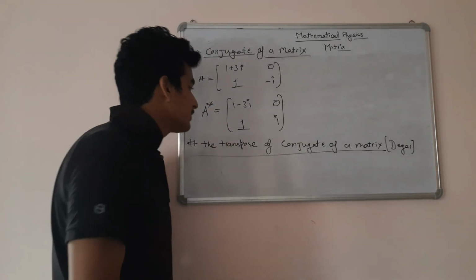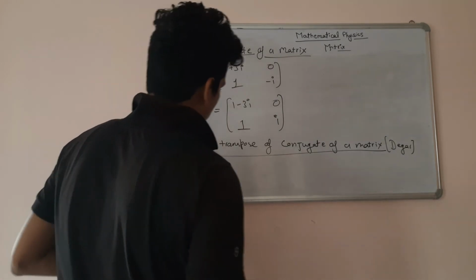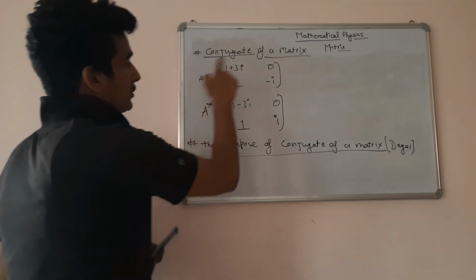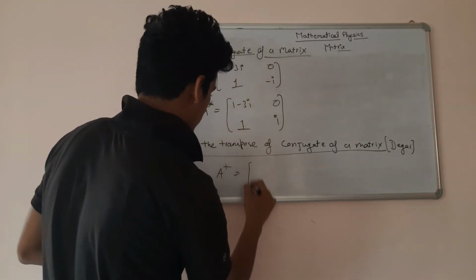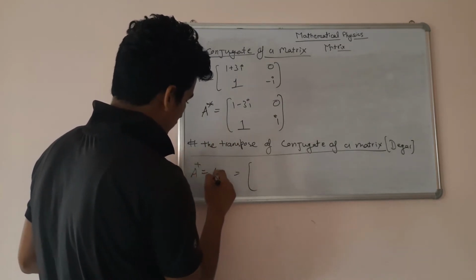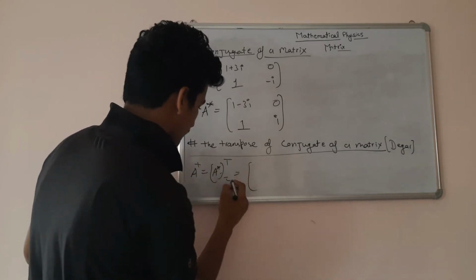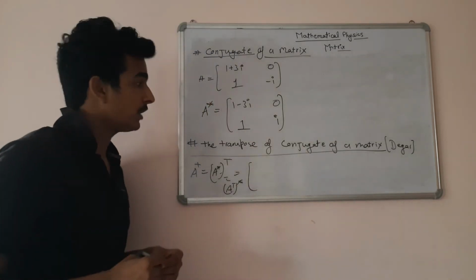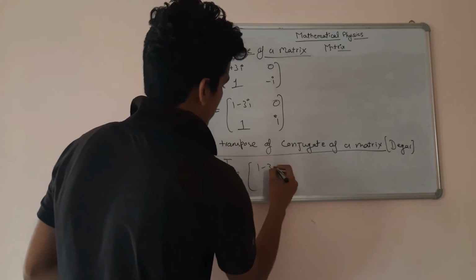It is widely used in quantum mechanics. The dagger is represented as a dagger symbol. So if this is a matrix A, I have to find its dagger. Its conjugate is this, and then I have to take its transpose. So A dagger is basically the transpose of A conjugate, and the reverse is also true: the conjugate of A transpose.